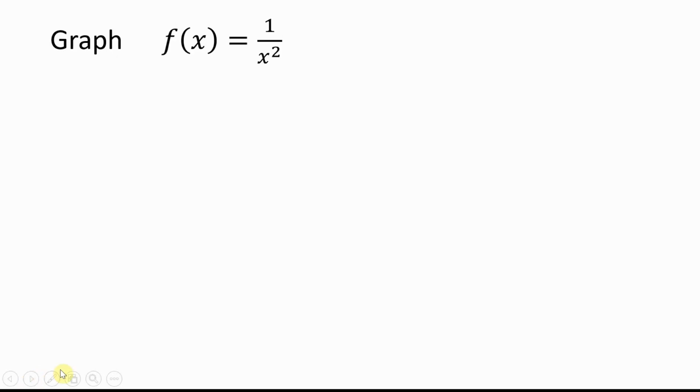All right, so we're going to graph f of x equal to 1 over x squared. And I may be out of order. That's fine. Let's get the vertical asymptote. The vertical asymptote is found when we set our denominator equal to 0. That implies that x equal to 0. And that's our vertical asymptote.